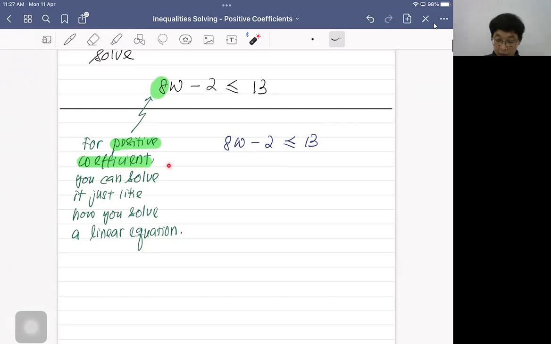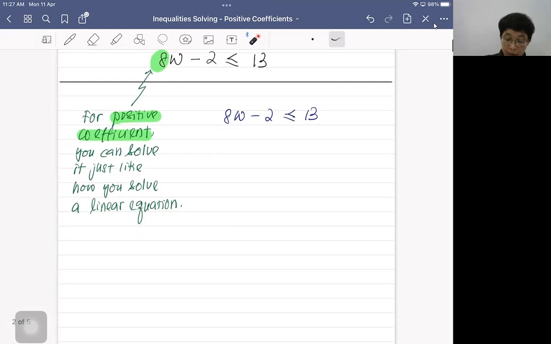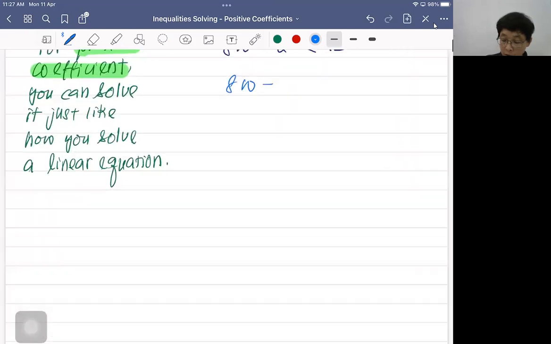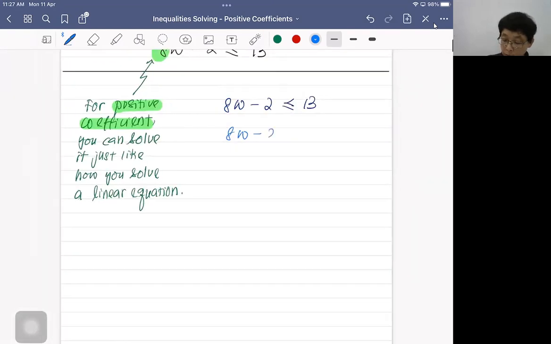Once you notice that, how do we do it? As I stated, you can solve it just like how you solve a linear equation. I'm going to put in some example here. Instead of an inequality, say you have 8w minus 2 equals 13.